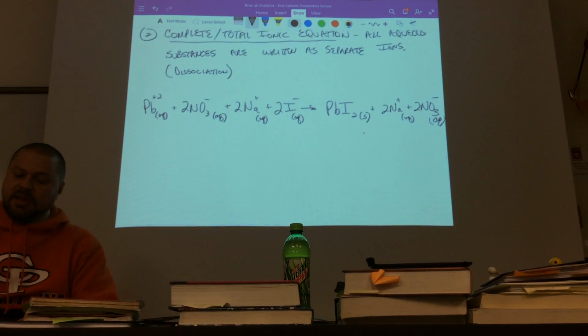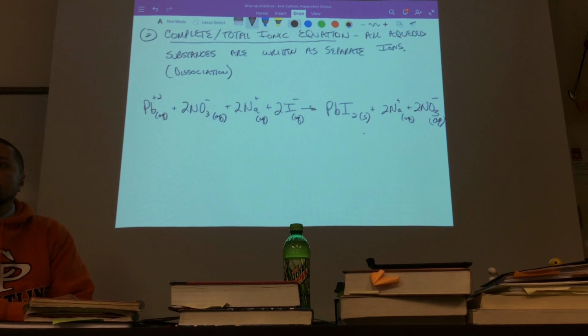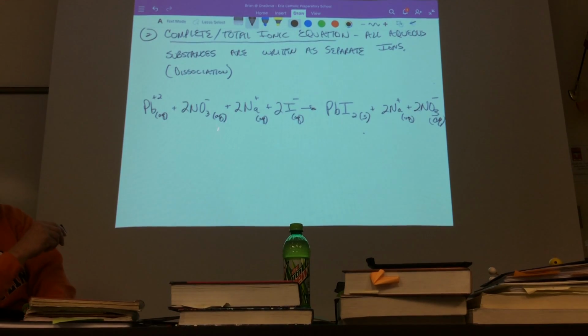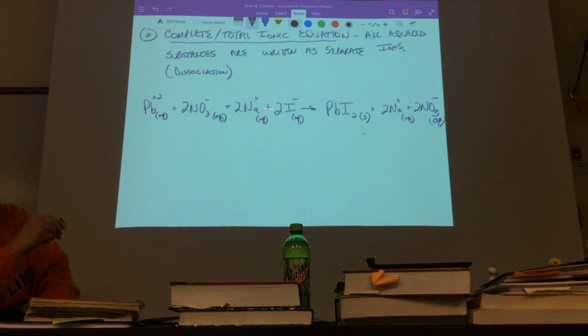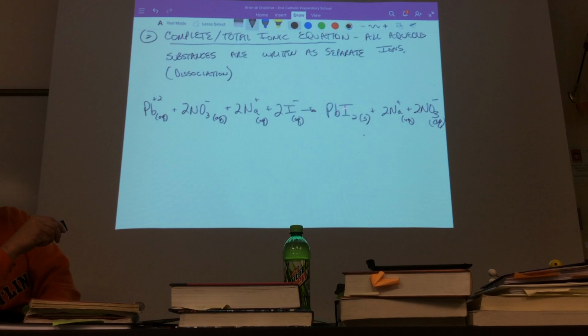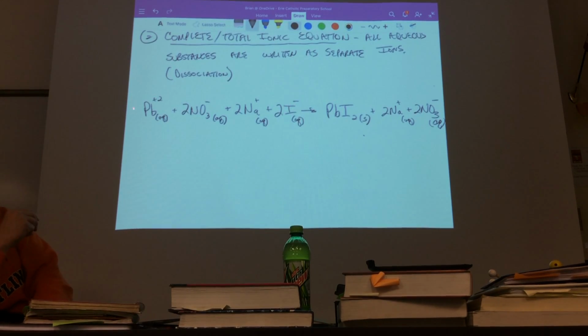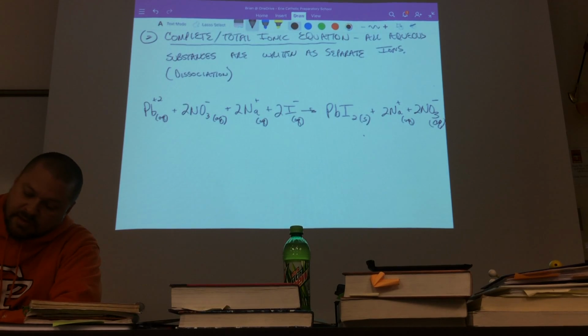Where in reality, down here, they're all floating around separately from each other. So in the first place, these guys are in one container floating around separately. These guys are in a separate container floating around separately. And when we throw them into the same container, we get these guys still floating around. Nothing happened to them. But this guy, those two things formed. These two things bonded together. And that right there, that's your yellow stuff.